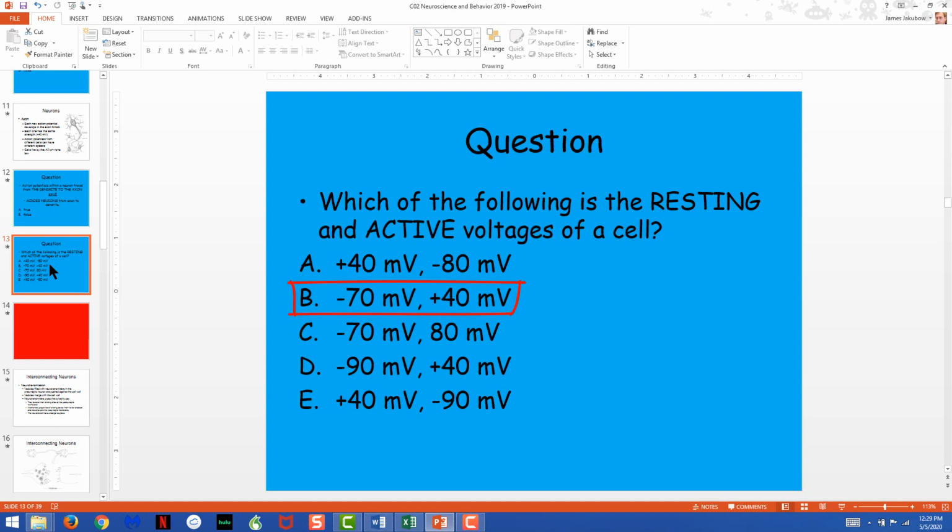If you were to try to deduce this answer, the active voltage of a cell, when a cell has an action potential in it, that cell will have a positive 40 millivolt signal in it, which means that either answer B or answer D would have to be correct.